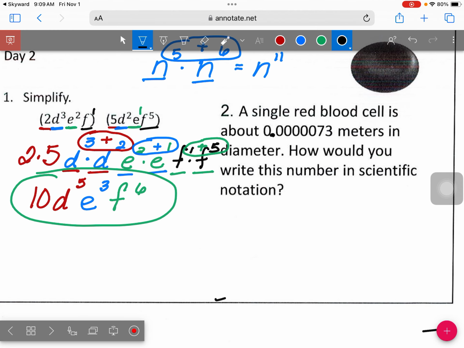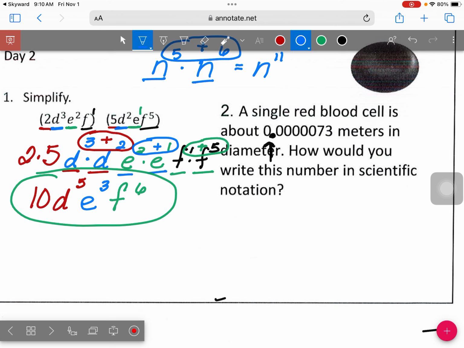So right here is my original decimal point. For scientific notation, you don't leave it like that. Where do I put the decimal point now? Where specifically? To the 7. To the 7.